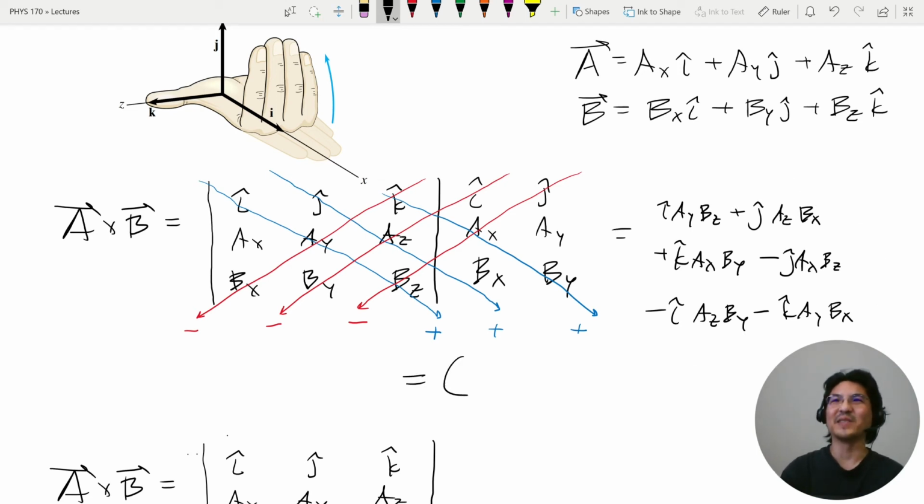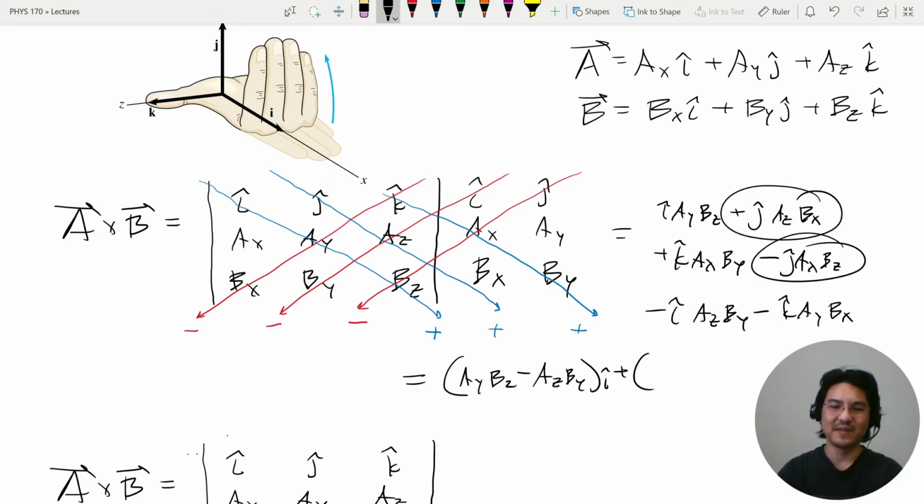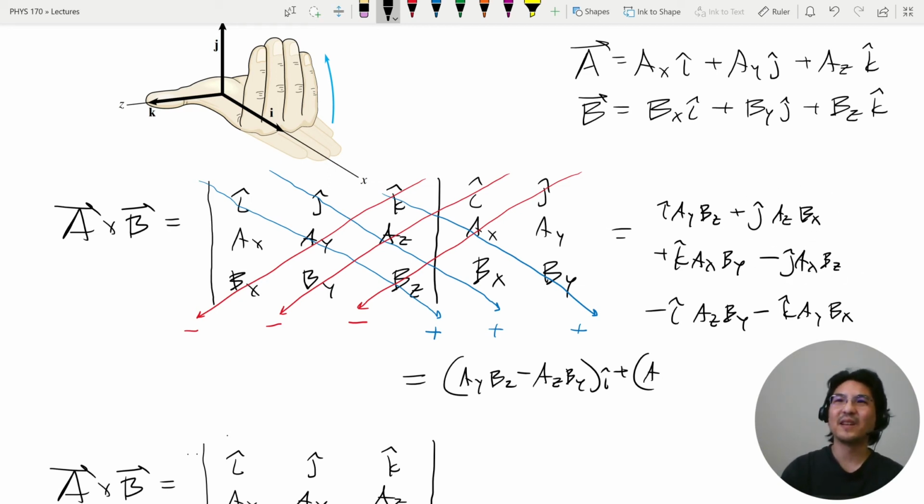In the I direction, you get these two, AYBZ minus AZBY. In the J direction, we got here and here, AZBX minus AXBZ.